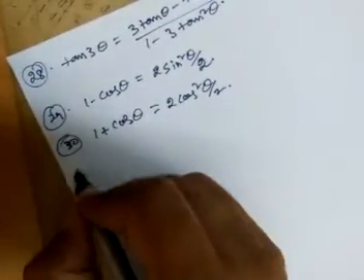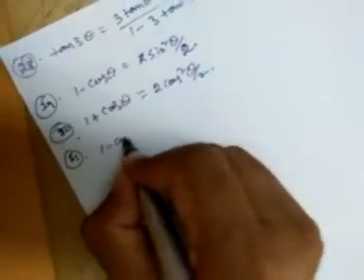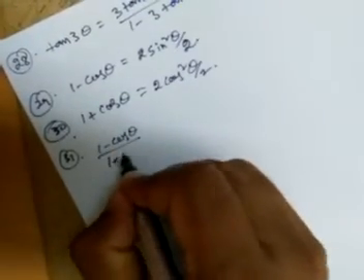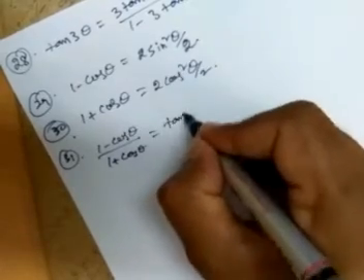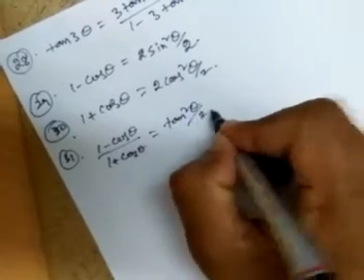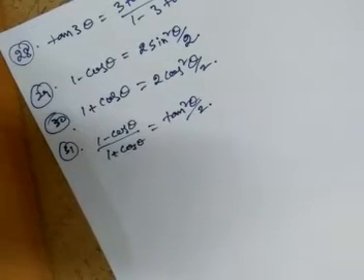Next one, (1 minus cos theta) by (1 plus cos theta) equals tan square theta by 2. Okay, these are the formulas which are useful in solving the problems of inverse trigonometric functions.